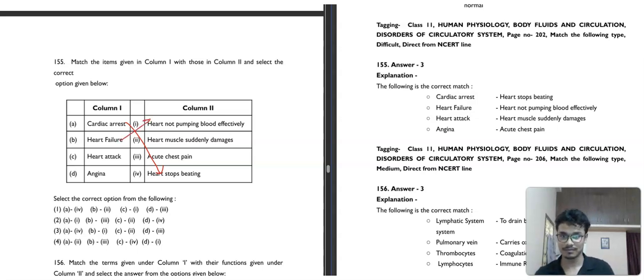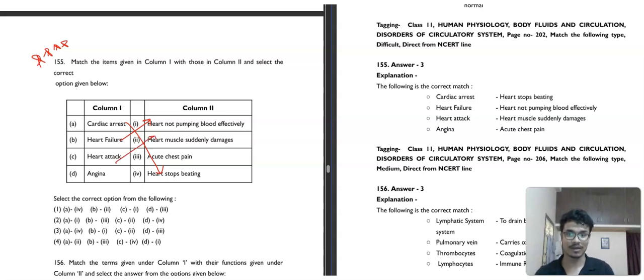Now heart attack. There are so many terms. I will say this is a good question. This question can confuse a lot of people. They don't know what is cardiac arrest, what is heart failure, what is heart attack. So when someone is attacking, it means someone is applying some force or you are being injured. So heart attack means heart muscle suddenly damages.